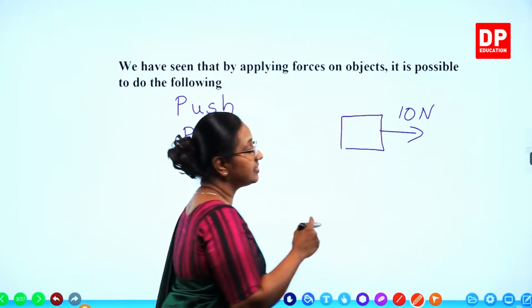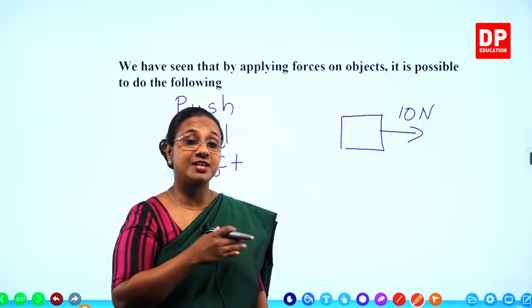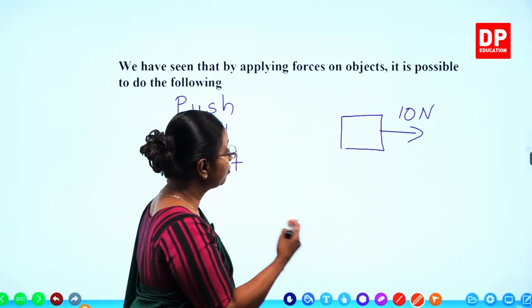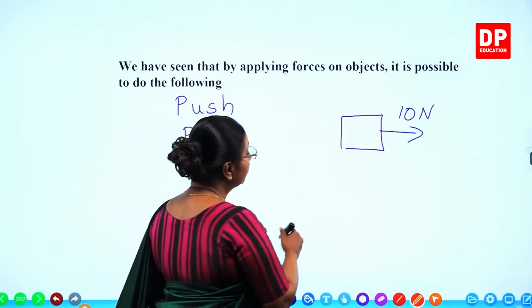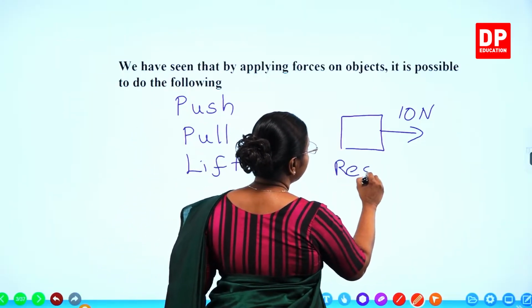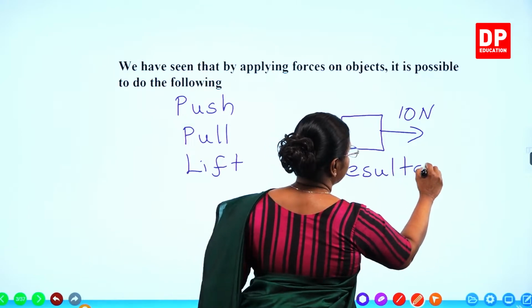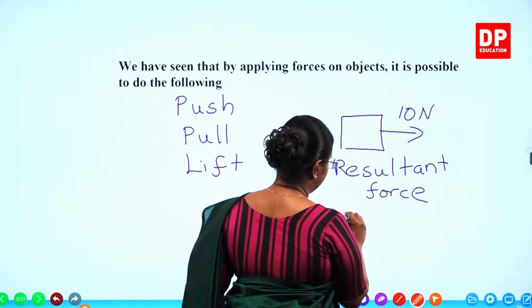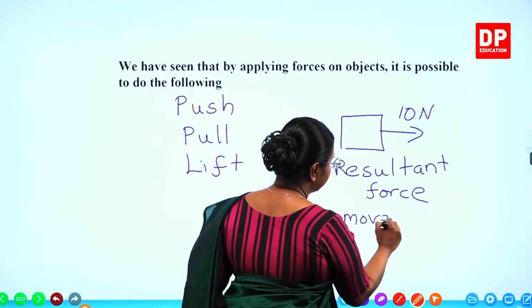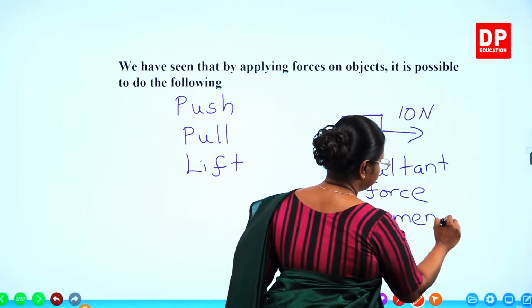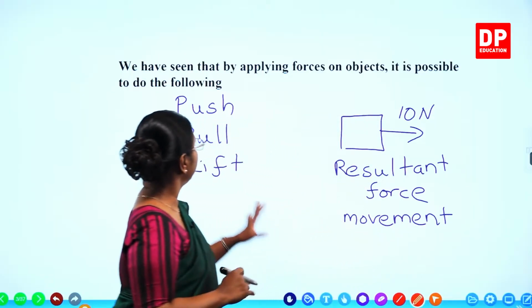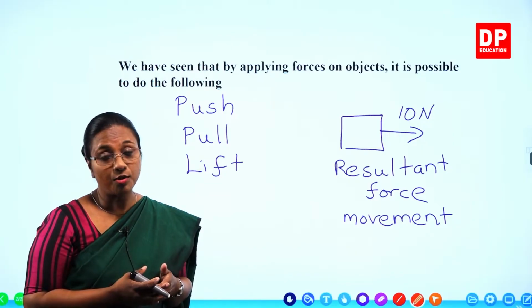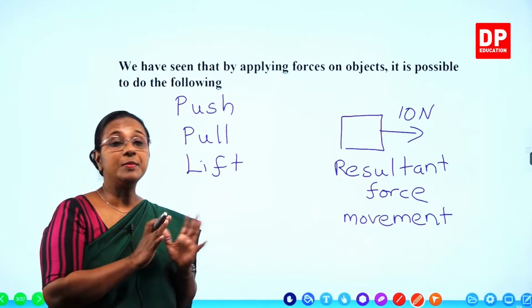And when there is a resultant force, we have discussed that in one of the previous lessons, so you know what resultant is. Due to this resultant force, the object moves. So that can be caused by push, pull, or it can lead to lifting of the object. Those are the common things.